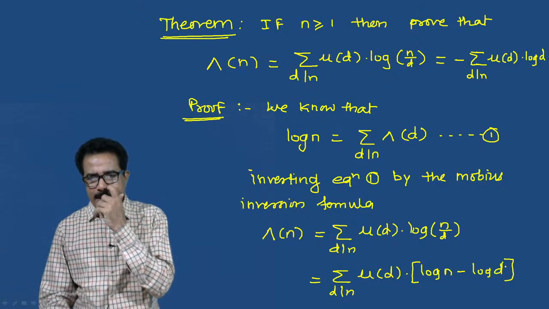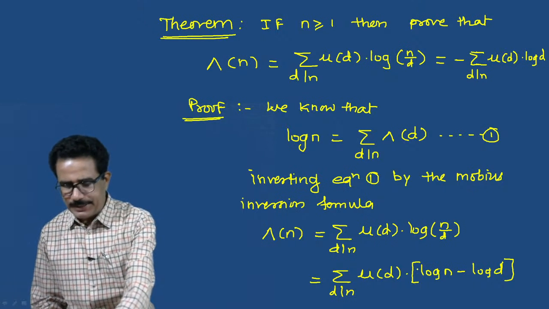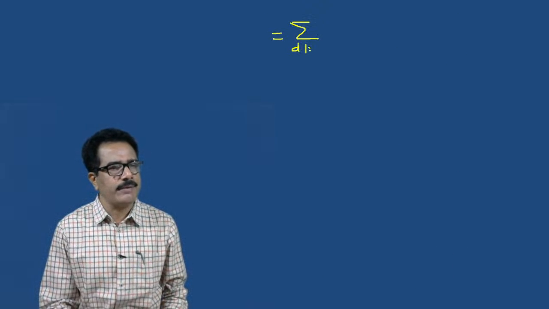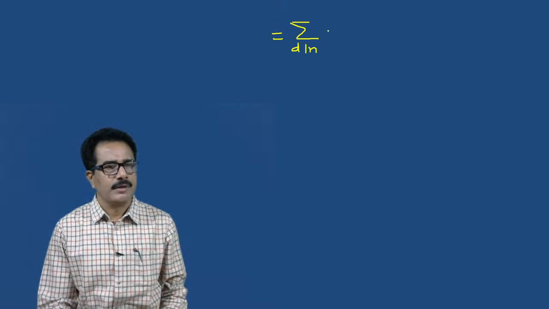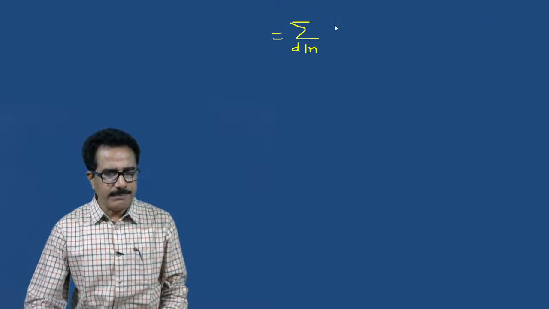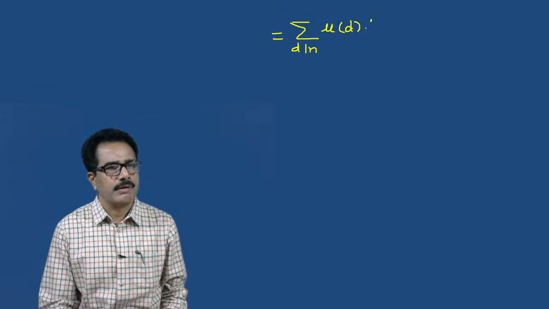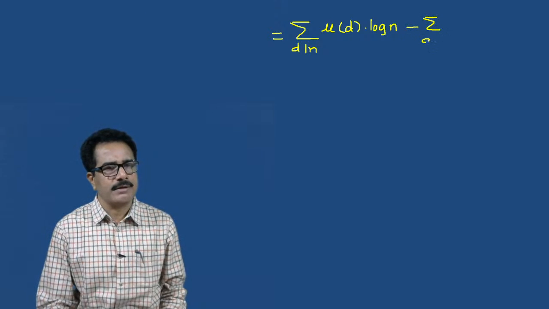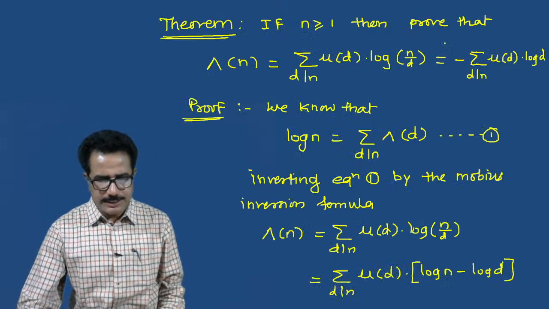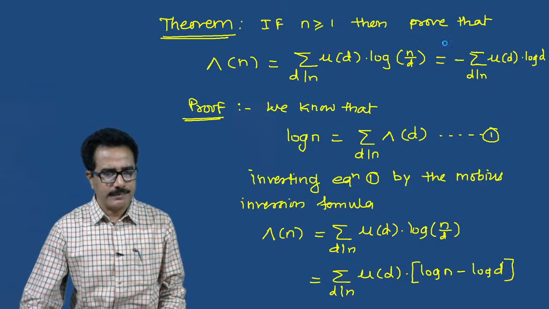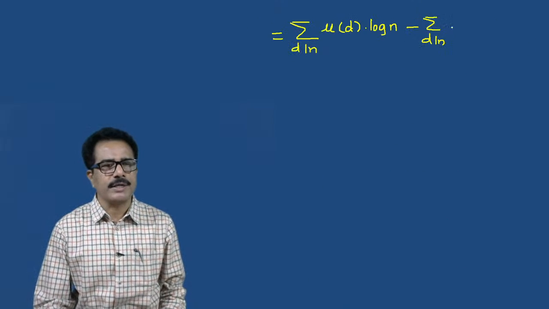So we can multiply this, which is equal to summation over d dividing n mu of d into log n, minus summation d dividing n mu of d into log d.